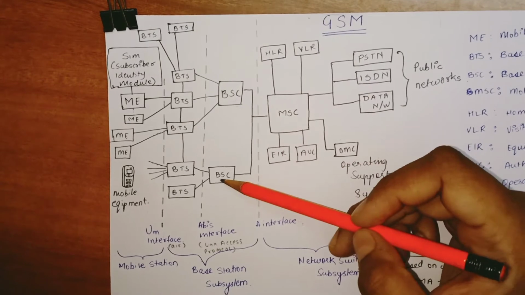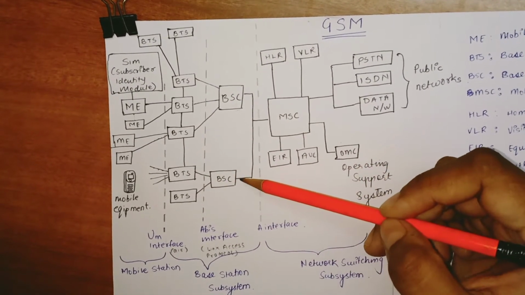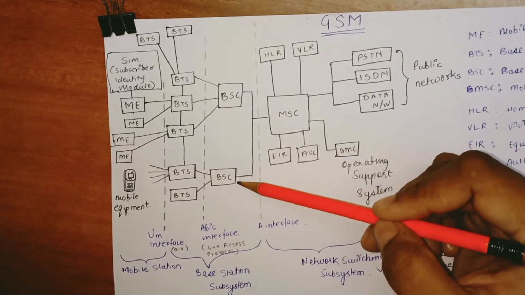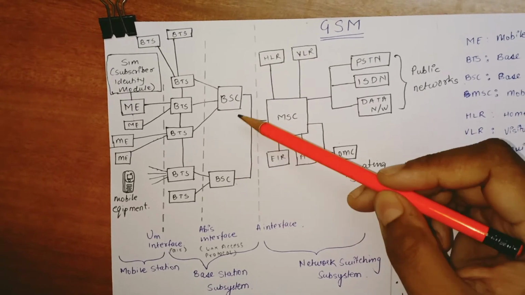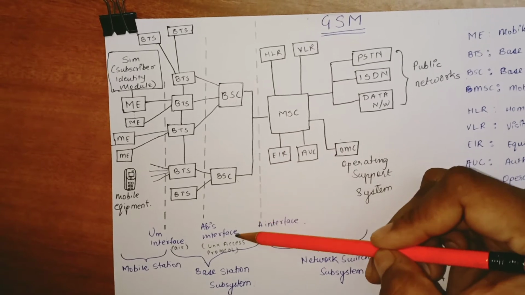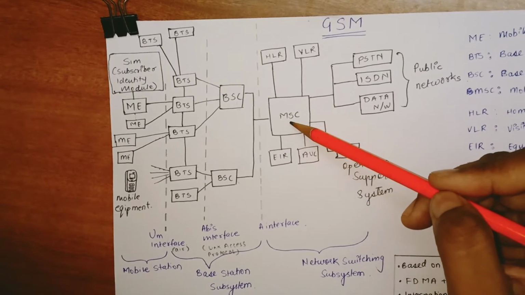Now these two will maybe form a system of BSS, with this BSC. So now these two BSCs will be connected. Many BSCs like this will be connected to a MSC, which is the mobile switching center.